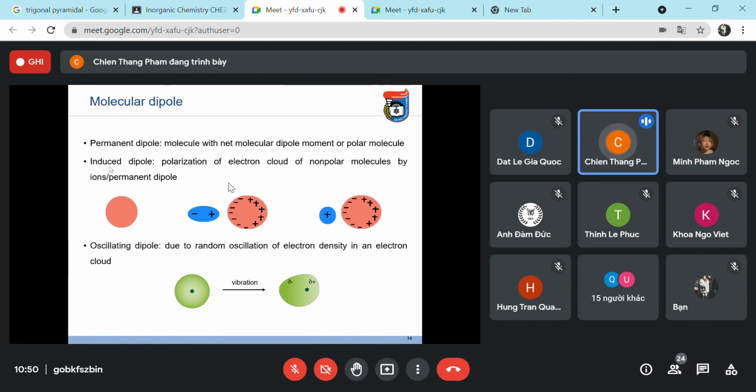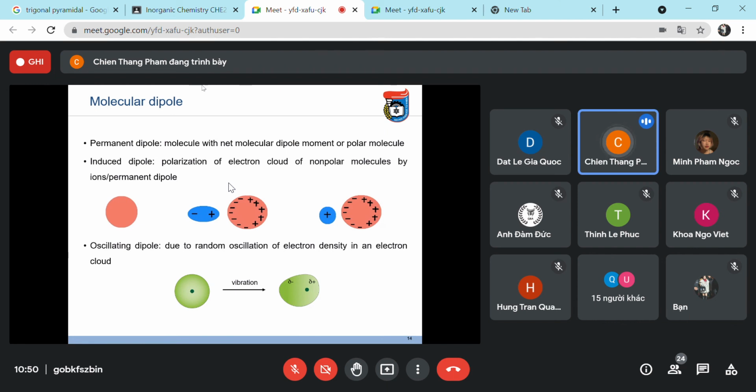However, it's not because you are a lazy student. It's because of your friend. Your friend affects you, so we call it induced. You are not lazy. In principle, you are a hardworking student. However, because of your friend, you have become lazy. So in this case we call it induced.